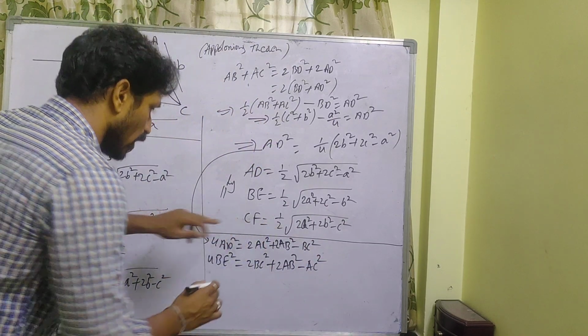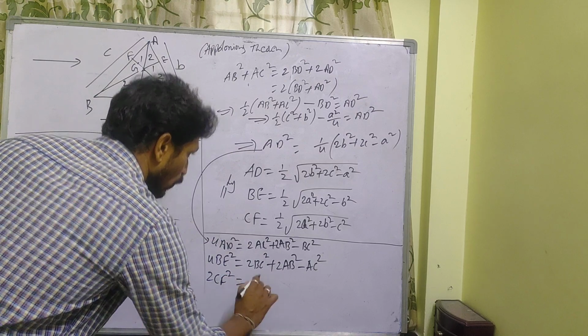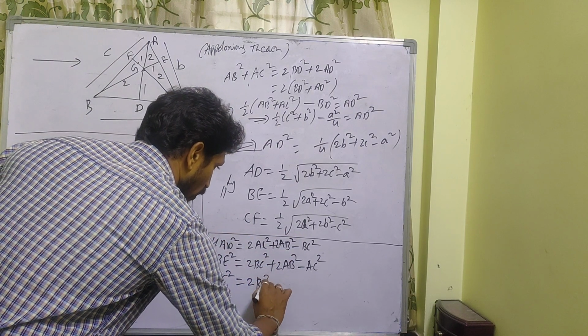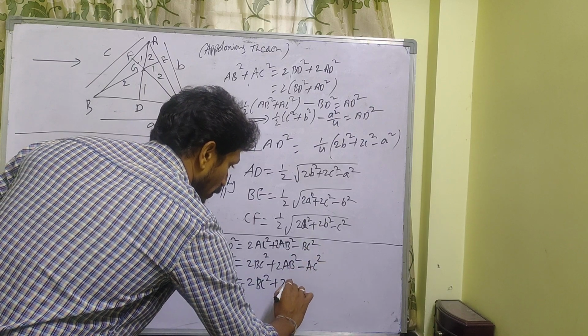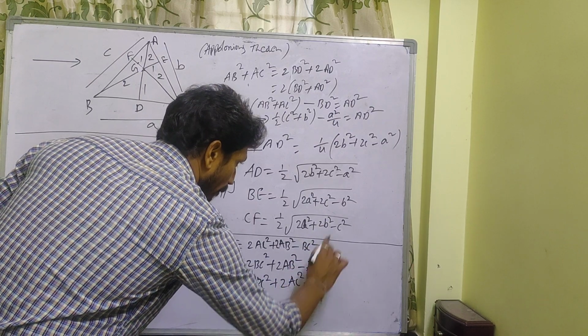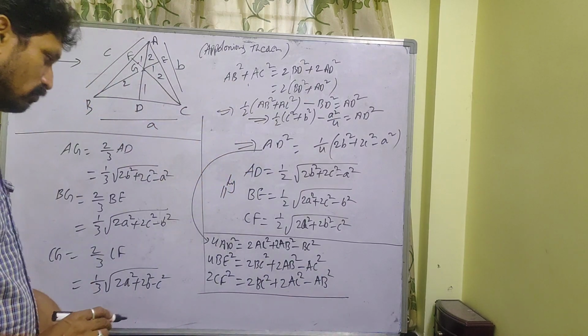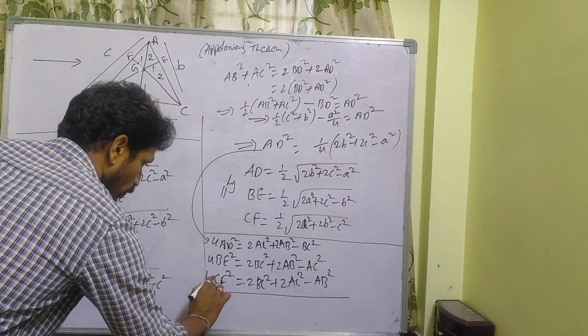Next, similarly, 4 times CF square is equal to 2 times A square, that is 2 times BC square, plus 2 times B, meaning AC square, minus C square, meaning AB square. If you add all this, squaring on both sides, you get 4 times.